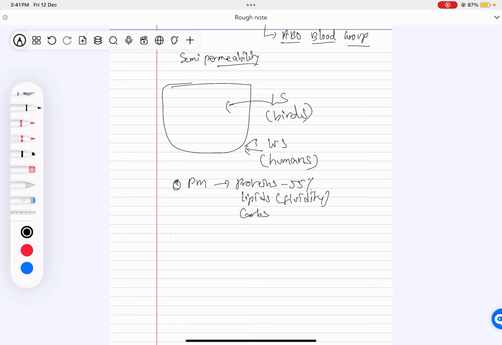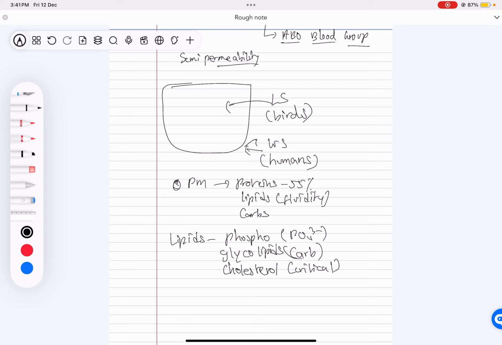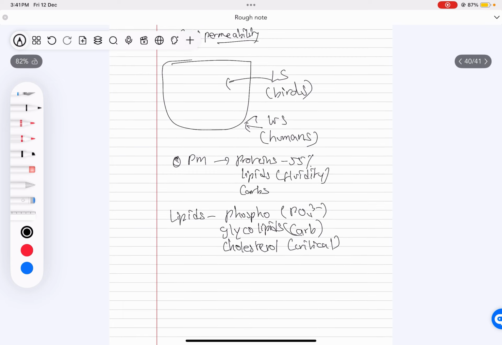In lipids, there are three kinds: phospholipid, glycolipid, and cholesterol. Carb plus lipid, phosphate plus lipid, and the cholesterol.